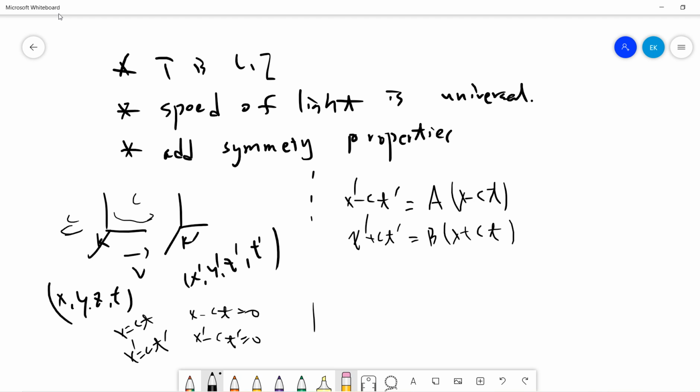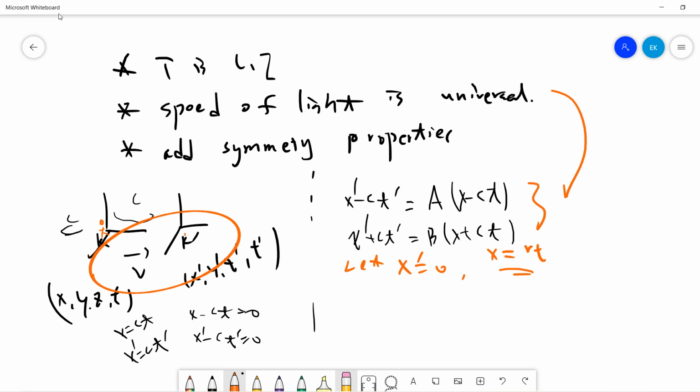We have a property that we can let x prime equal 0 and x equal vt. If I'm sitting here and I see K prime, then the trajectory of K prime is x equals vt. Both of these come from the speed of light.